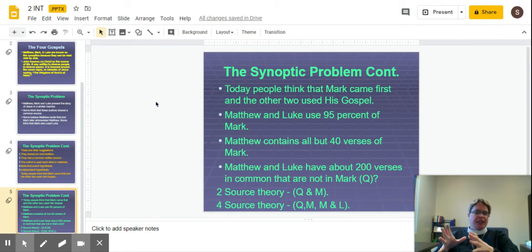So we're looking at a third possible source that they call Q, which stands for quell, which just means papyrus or document, whatever you want to call it. So we call it Q. And so there's a two source theory that Matthew and Luke used Q and Mark. So that's the two source theory.